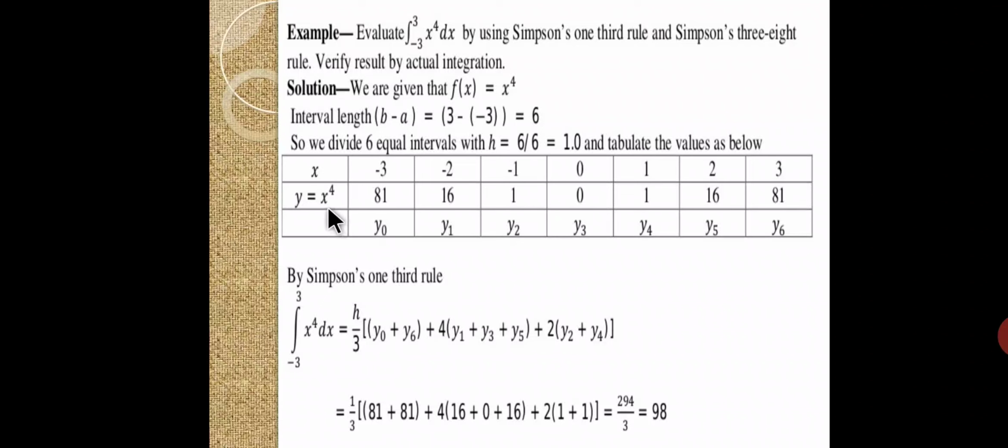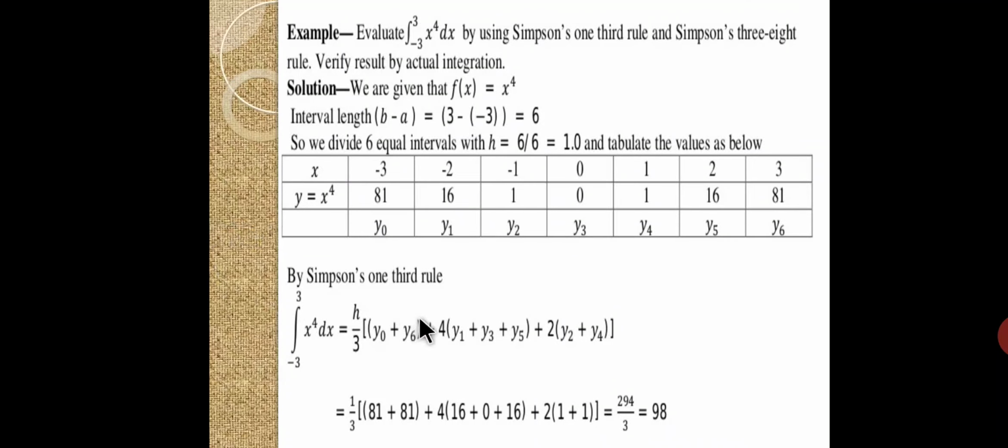Next we find the values of y corresponding to the x values. x power 4: minus 3 power 4 is 81, minus 2 power 4 is 16, minus 1 power 4 is 1, 0, and 1, 16, 81. So here y0 is equal to 81, y1 is 16, y2 is 1, y3 is 0, y4 is 1, y5 is 16, y6 is 81.